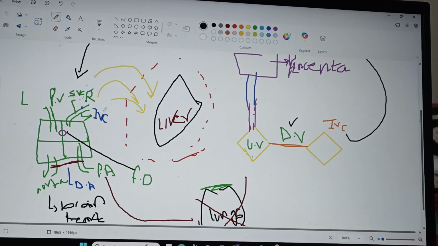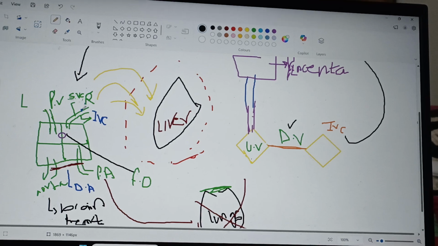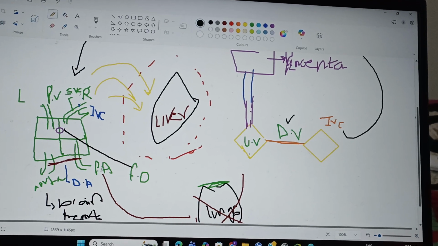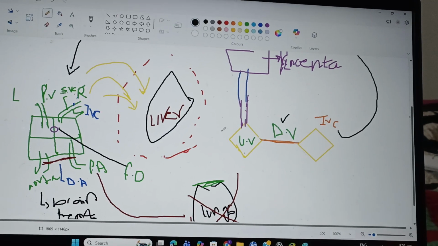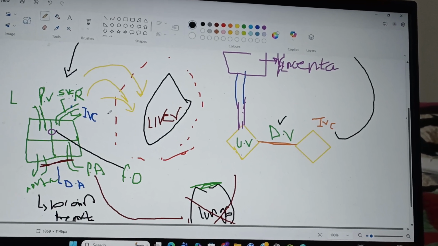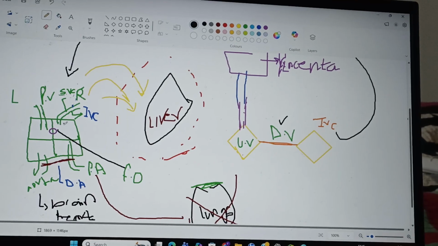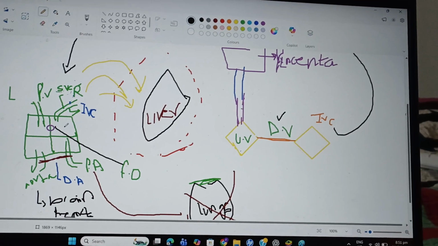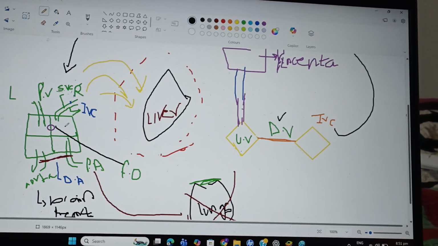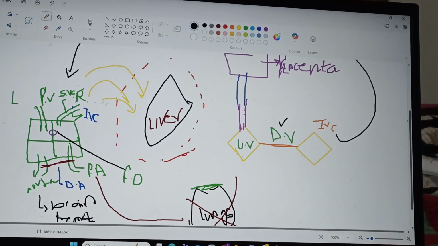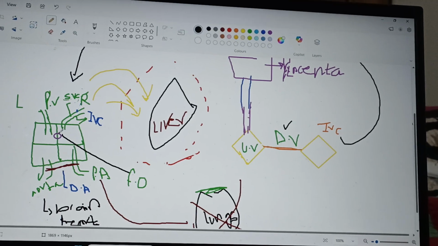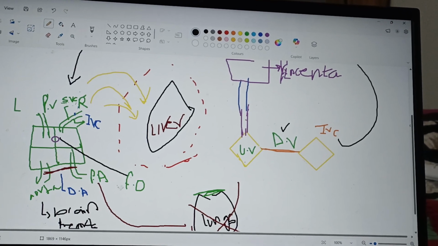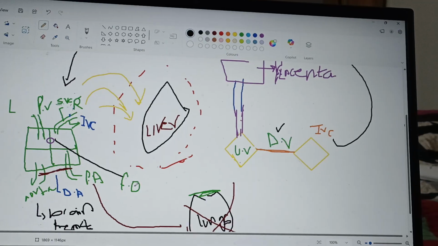Normally the right side is deoxygenated blood, but in the fetus it's totally opposite. This inferior vena cava is going to transmit the blood to the right atrium. This is very normal; it also happens in adults. The inferior vena cava drains its blood to the right atrium, but we see a hole here, which is the foramen ovale. FO means foramen ovale.